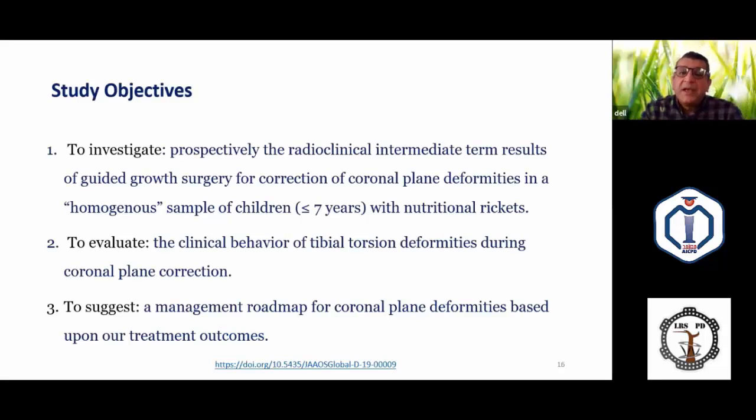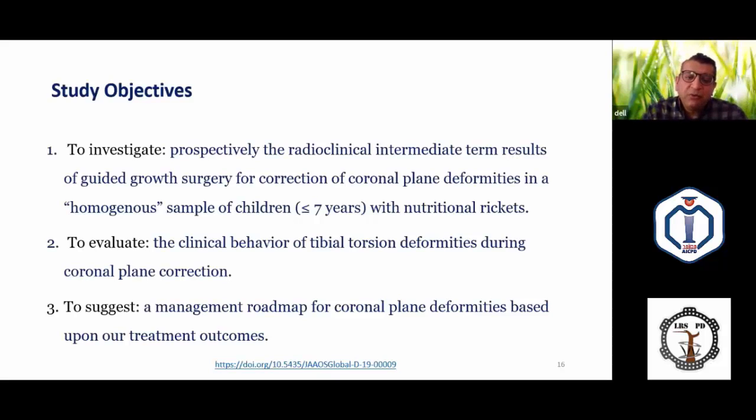We want to see the radiological and clinical results of the use of guided growth to correct angular deformities in patients with nutritional rickets, and we are targeting young children. We also want to see, if we correct the angular deformity of the tibial varus, for example, whether the torsion of the tibia, the transverse plane deformity, corrects simultaneously with the correction of the coronal plane deformity, or does it persist? That's the point we wanted to investigate.